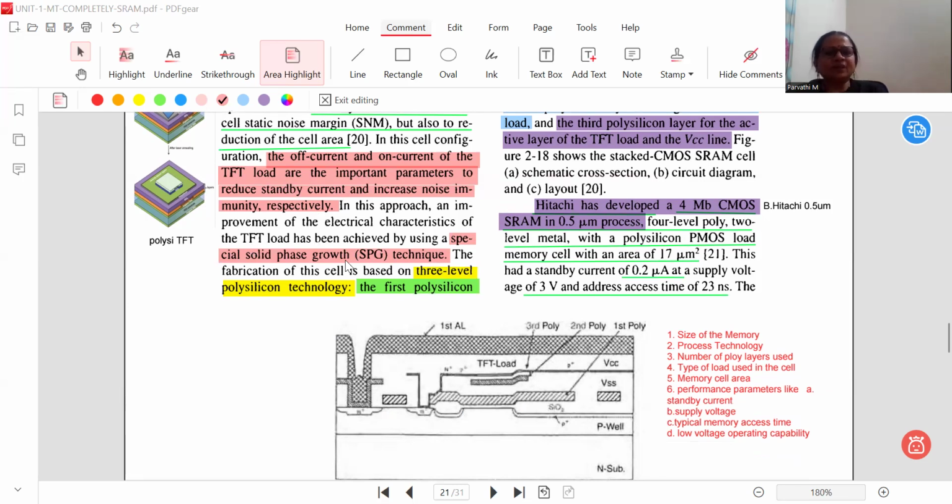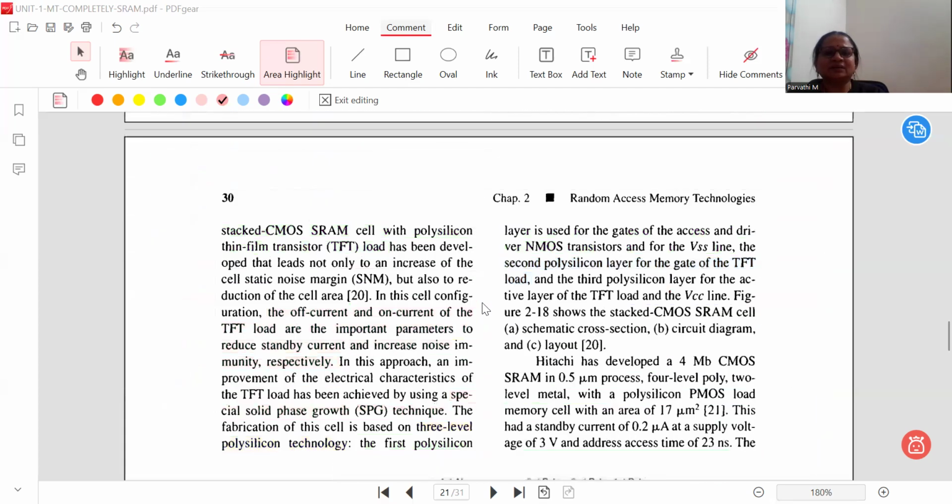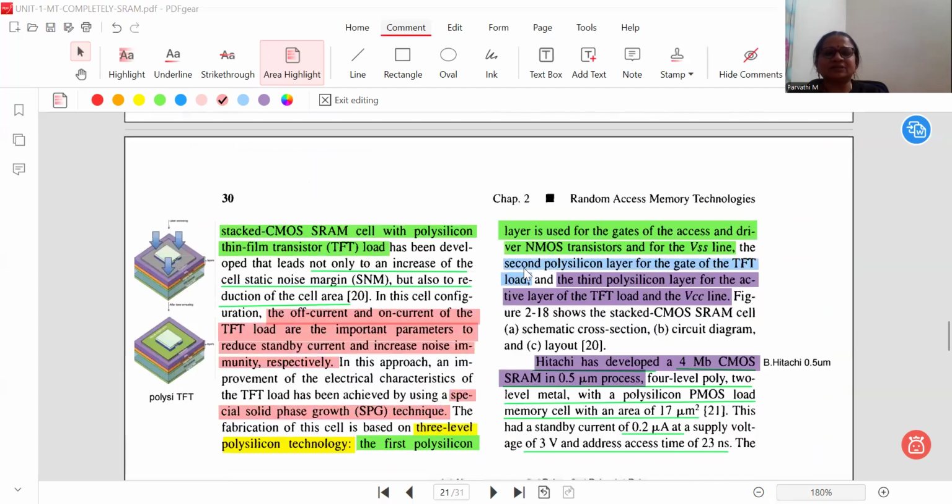At the same time, there is three-level polysilicon technology; the fabrication of the cell is based on three levels of polysilicon. In the three-level polysilicon technology, the first poly is used for gates of the access and driver NMOS transistors.